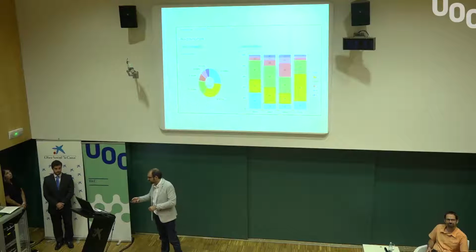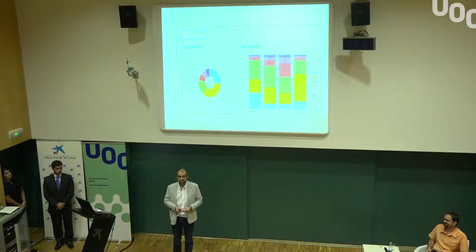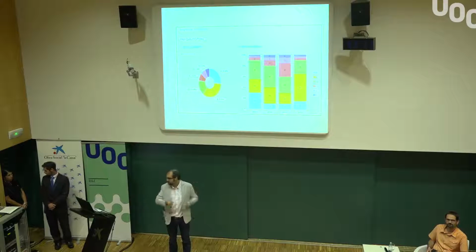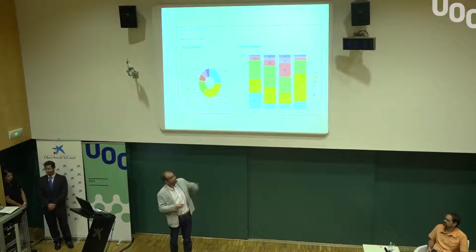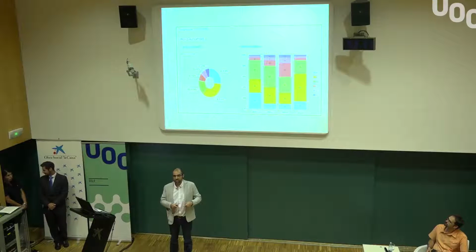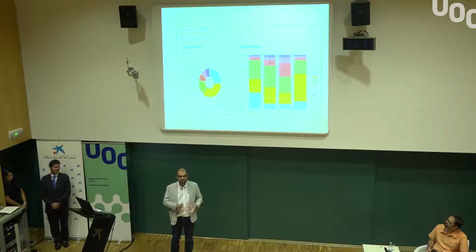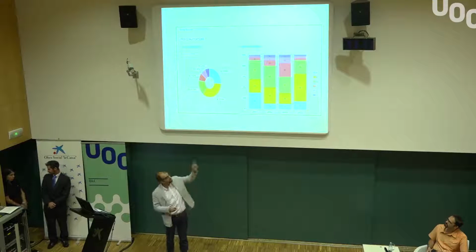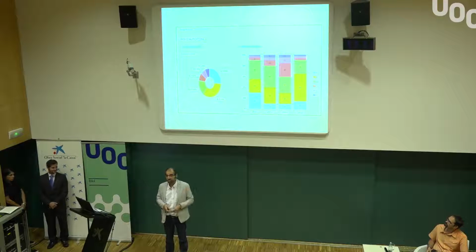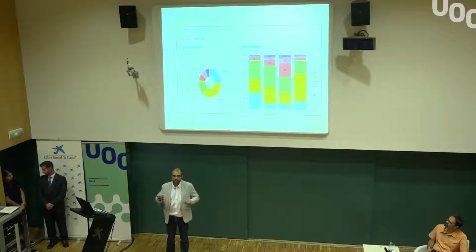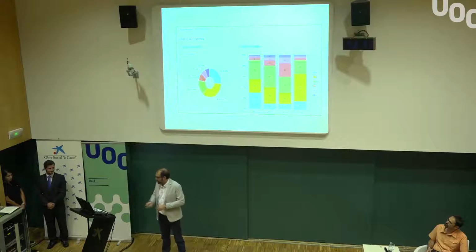We also have the qualification information, like you have now, but visually different. We have the pie chart with the current marks, the percentages of A's, B's, C's, D's, etc., and the bar chart with the previous semester qualifications, so we can see if there's a difference and an evolution.